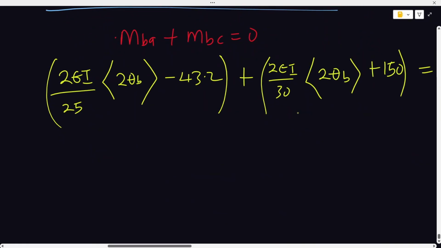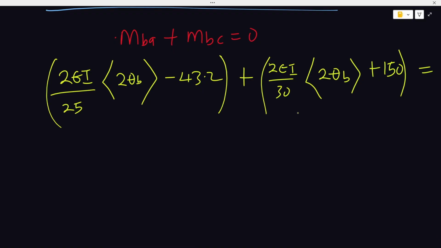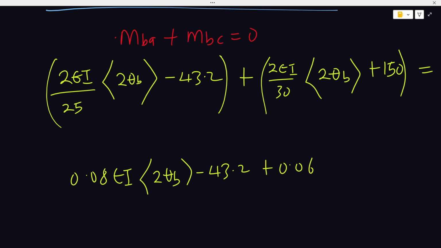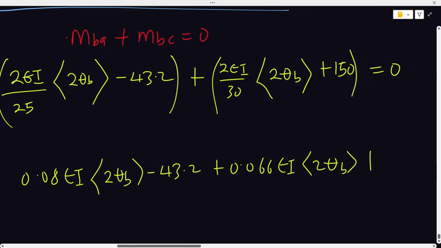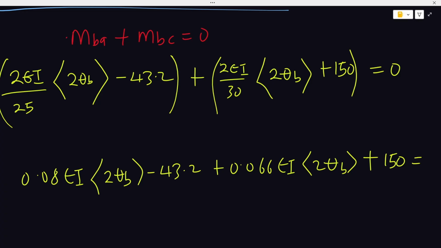So knowing this, I can say that 0.08 EI theta B minus 43.2 plus 0.066 EI theta B plus 150 equals 0.